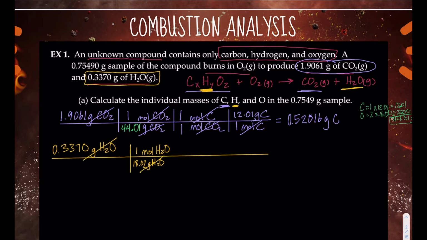Now we're going to switch from moles of water to moles of hydrogen using the mole-to-mole ratio. 1 mole of water contains 2 moles of hydrogen, as shown in the subscript here. Moles of water cancel, and our final step will be to convert from moles of hydrogen to grams of hydrogen.